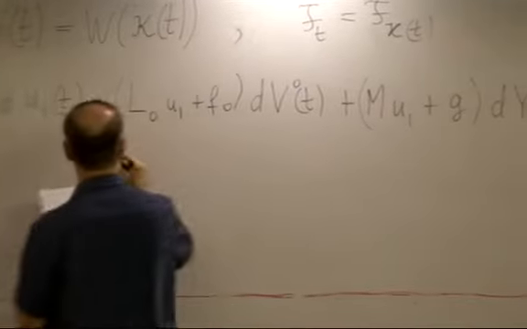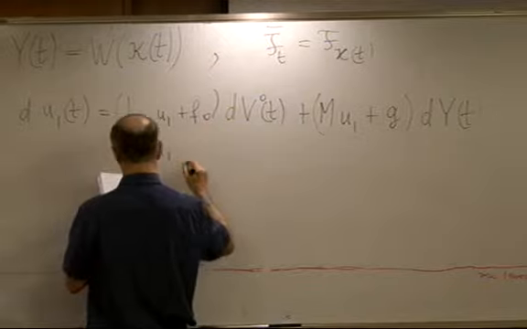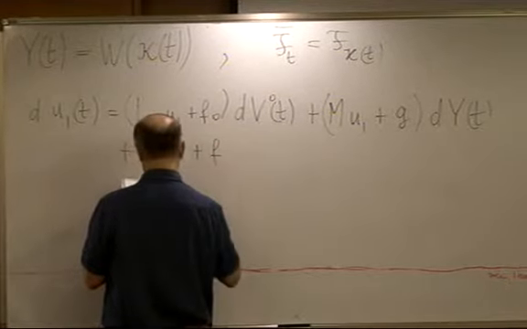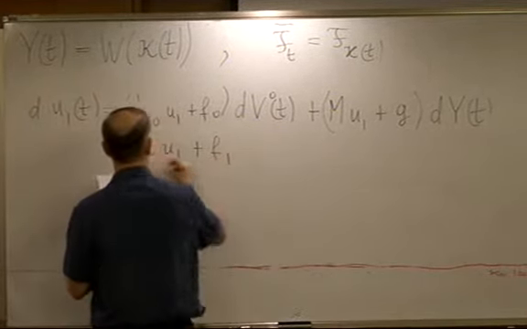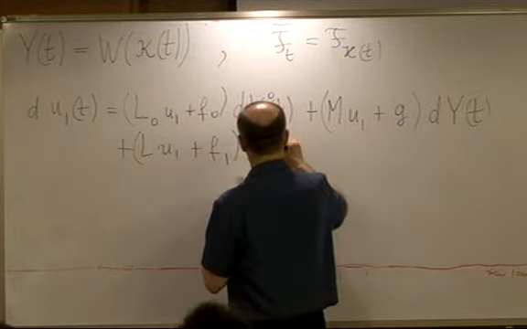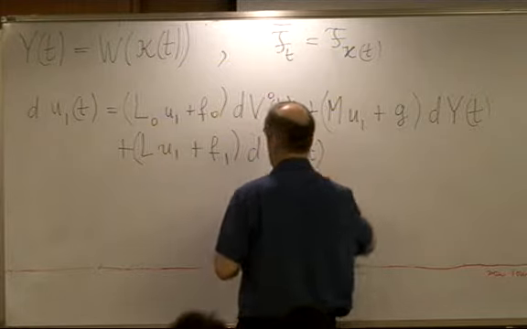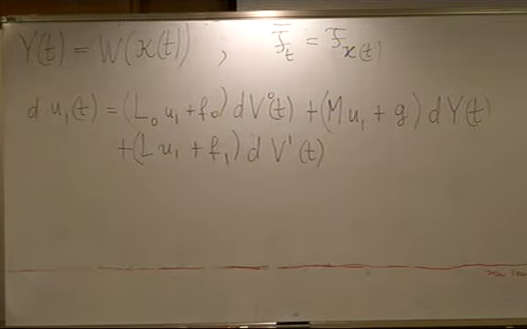plus L u1 plus f1 dV1_t, and so this is the V1_t, the other, the red one.